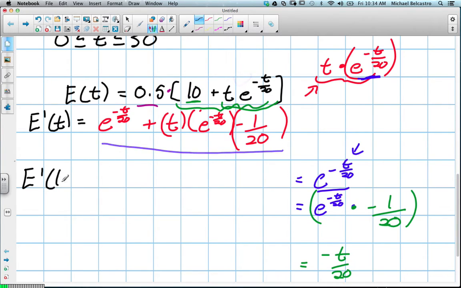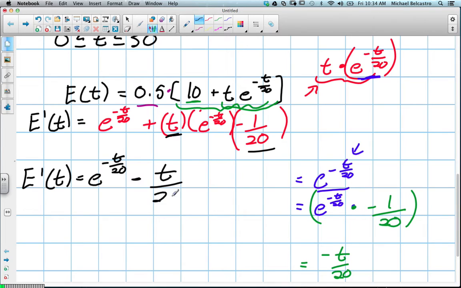So e prime t is equal to e to the power of negative t over 20. I'm going to multiply t and the negative 1 over 20 together to give me negative t over 20, times, and I'm going to put this in brackets so we can see it simply because it is multiplication, e to the power of negative t over 20.